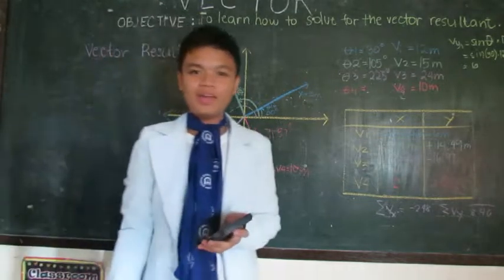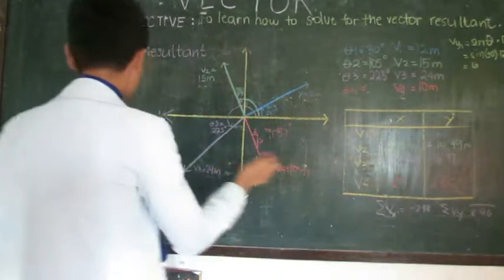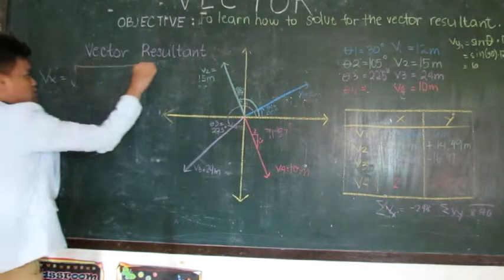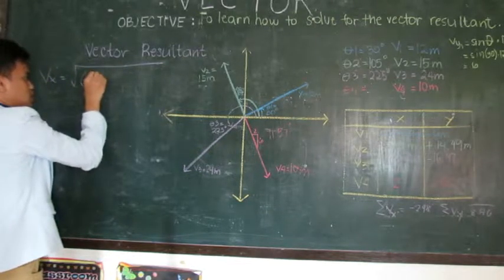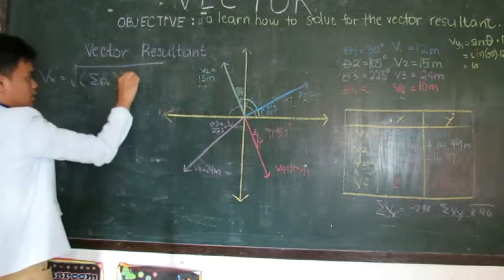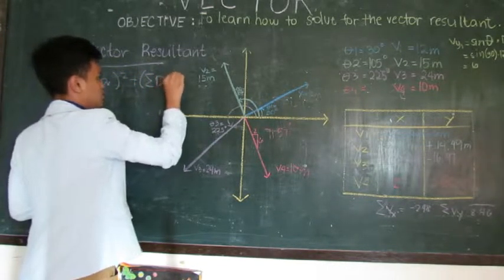So now we can solve for the vector resultant, for we now have the summation of x and y, using the formula V is equal to the square root of the summation of dx squared plus the summation of dy squared.